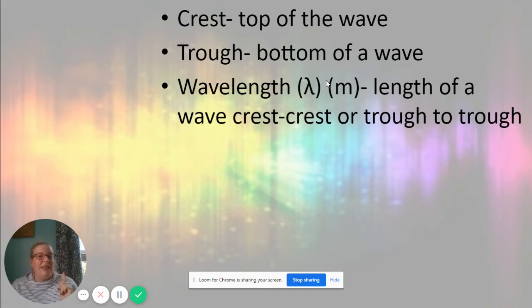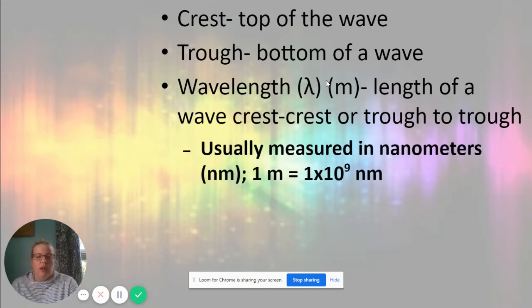It may not always be reported in meters, so keep in mind that there's a conversion we're going to have to deal with, and you will see that in the calculations that we do. What they usually measure it in, at least in useful stuff for us, is something called a nanometer.